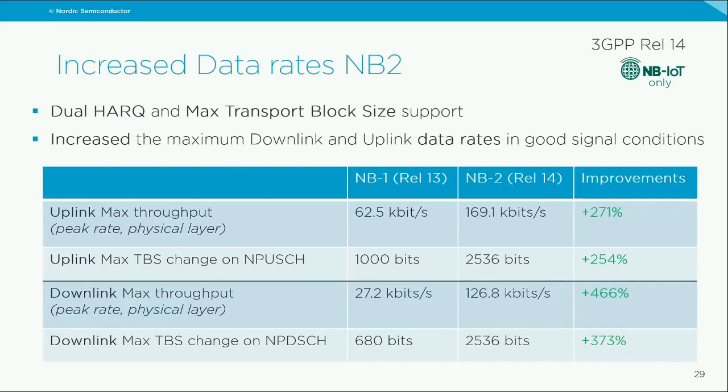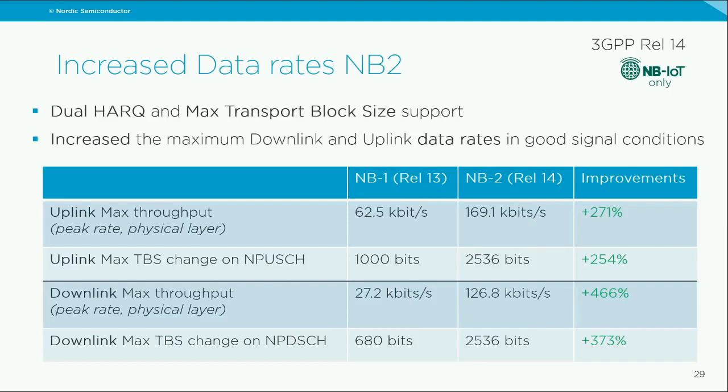And also the downlink has gotten a very huge improvement. The max throughput has been improved by 466%. And also the downlink max transport block size on narrowband physical downlink shared channel has been improved by 373%.